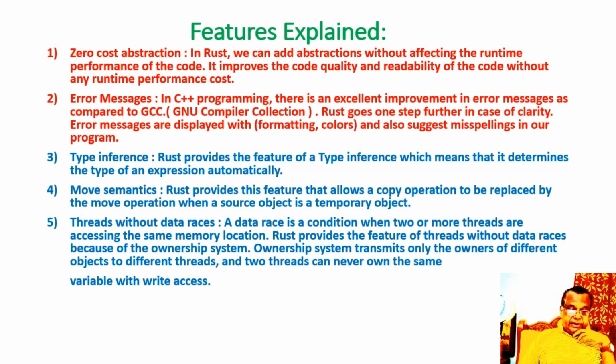5. Threads without data races. Very important. Look. A data race is a condition when two or more threads are accessing the same memory location. Rust provides the feature of threads without data races because of the ownership system.